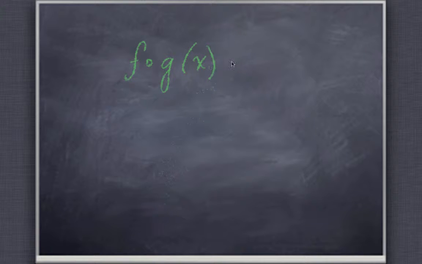It looks like this. This means composed with, and what this is f of g of x. So you take whatever g of x was and you plug it in now to f.